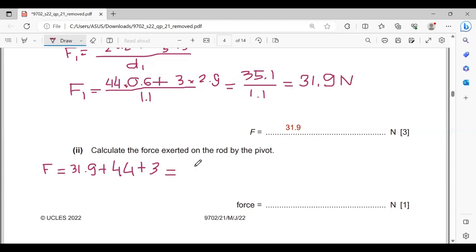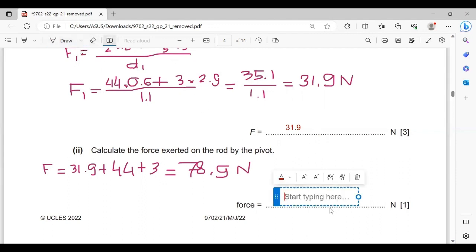If you calculate, you're going to have the result 78.9 newtons. The answer here is 78.9 newtons.